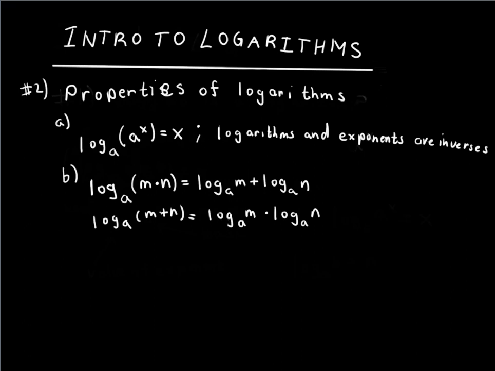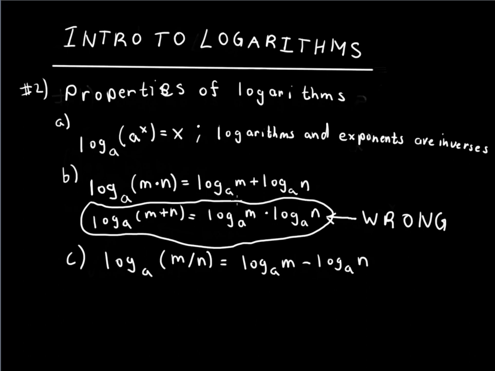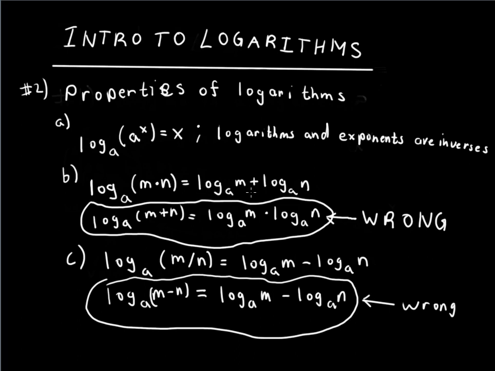The next important rule is the division rule. If you have log of m divided by n with base a, this is going to be equal to log base a of m minus log base a of n. But like the multiplication rule, it's really easy to switch these two, and you always want to memorize the top one.